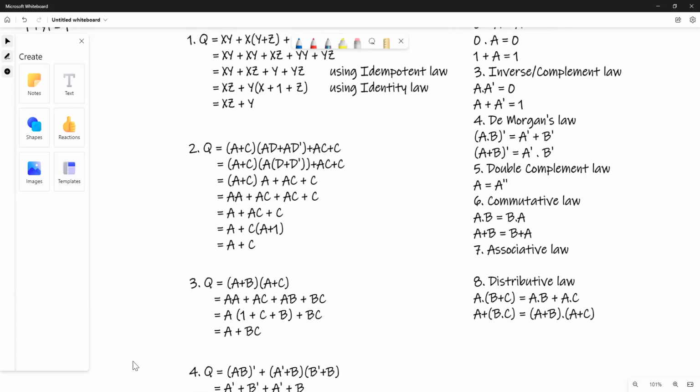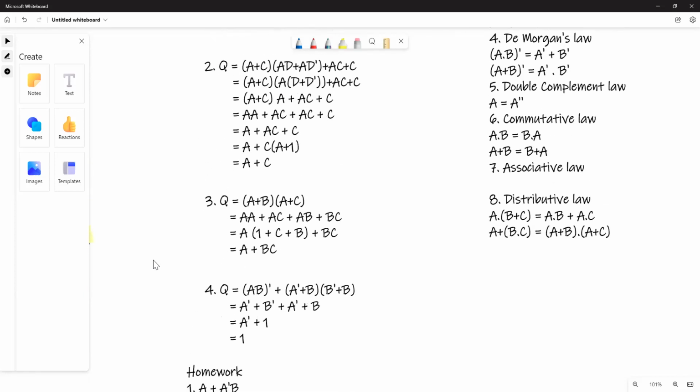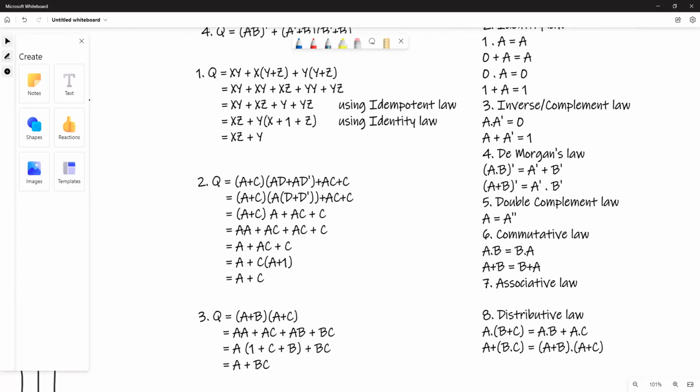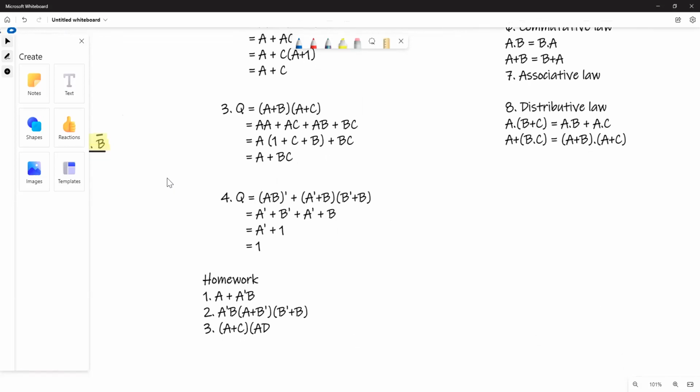I think we have done some of these. So a b bar plus, this is exactly the same thing.